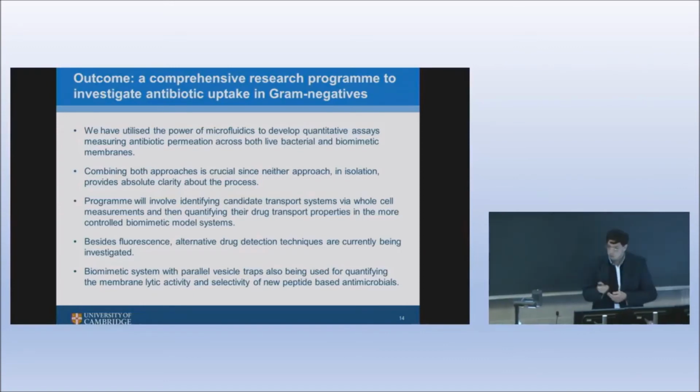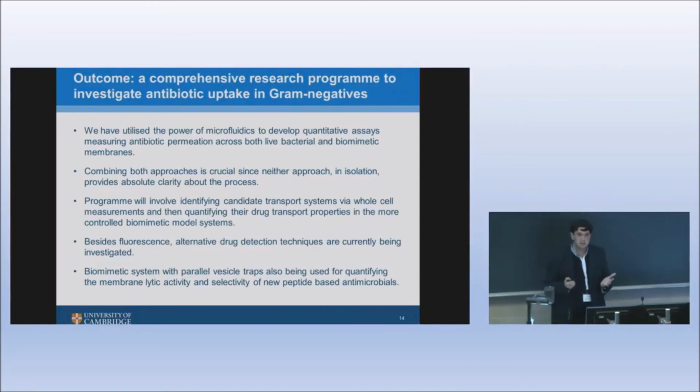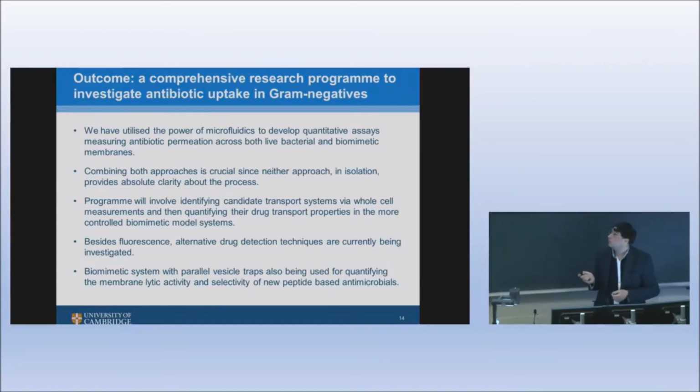And besides fluorescence, we are developing alternative drug detection techniques such as absorbance. But one question I would really like to put to this audience is if you have any other ideas for label-free detection of drug molecules, please come and talk to me. We are looking for them. And our biomimetic system with these vesicle traps is also being used for quantifying polypeptide antimicrobial efficacy with our collaborators at NPL for new drug development.